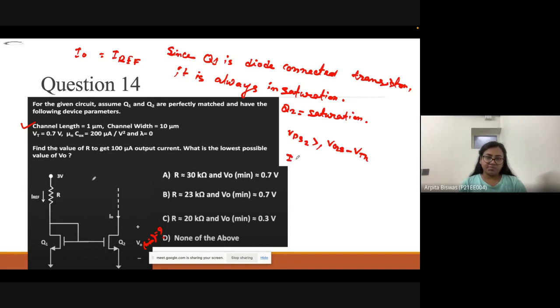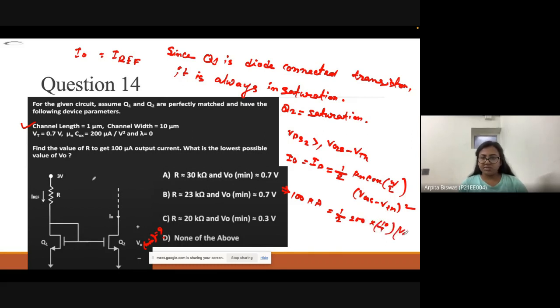So I0 equal to ID equal to half of, what is the equation of the current for saturation, half of mu n COX W by L into VGS minus VTH whole square. Just put down the values. The 100 microampere equal to half of 200 into 10 by 1 into VGS minus VTH whole square.